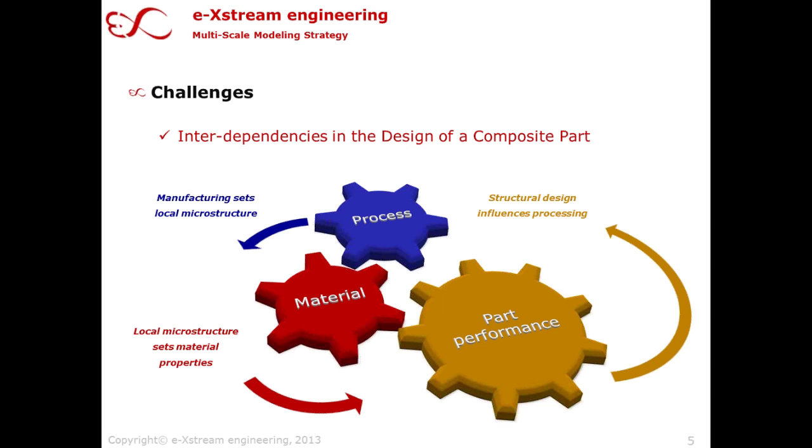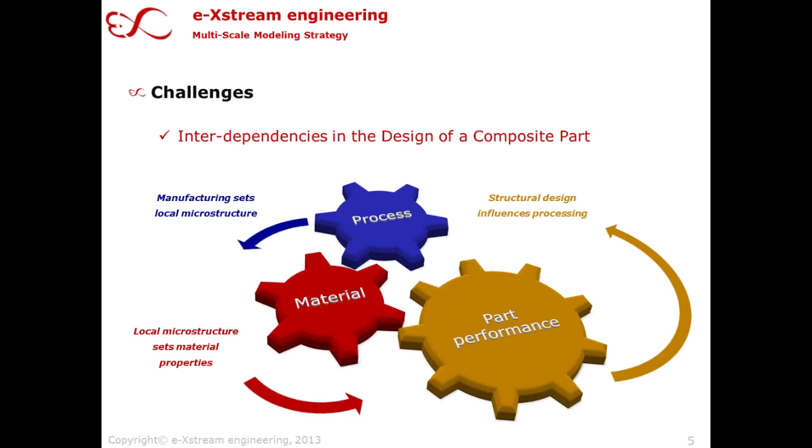And this is because the processing influences locally the arrangement of the underlying microstructure in your material. This tweaks the material properties, in the simplest case, the stiffness, but also the failure of the material, and so on and so forth. And this, again, will influence the part performance.